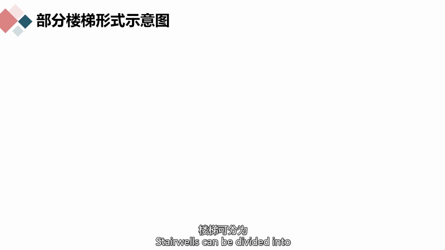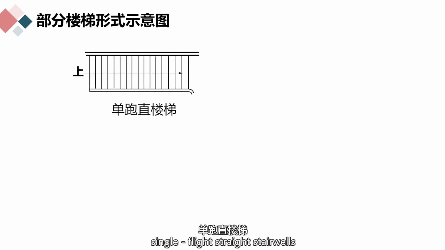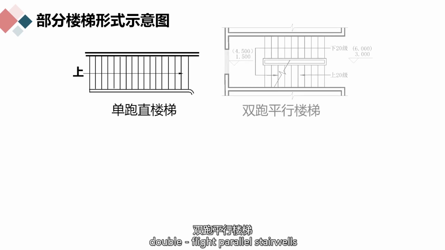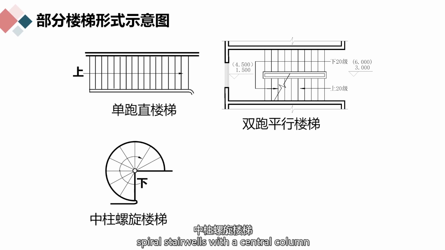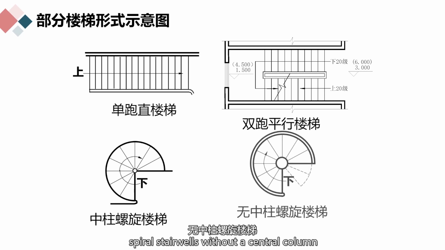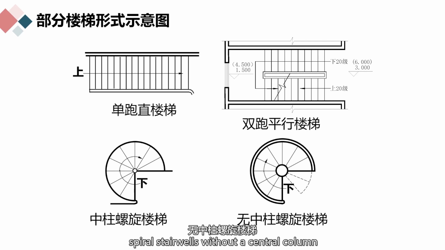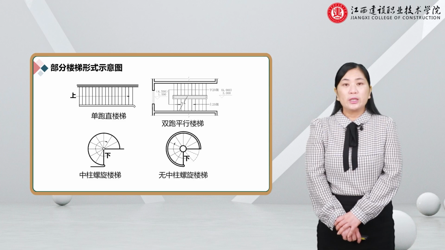Stairwells can be divided into single-flight straight stairwells, double-flight parallel stairwells, spiral stairwells with a central column, spiral stairwells without a central column, as well as three-flight stairwells, scissor stairwells, etc.